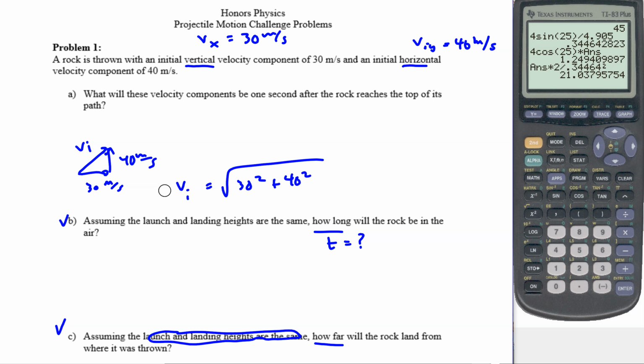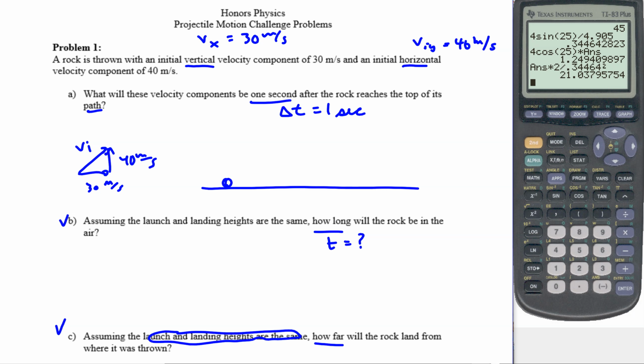All right, the question: what will these velocity components be 1 second after the rock reaches the top of its path? Here is what I want to point out. If we just assume it's launched from the ground, they don't tell us, so it doesn't really matter how we draw the picture. The point here is that the rock goes up and comes back down to the ground.